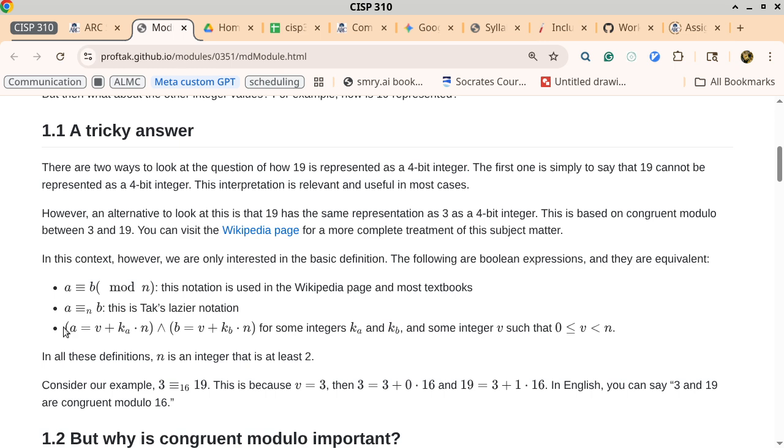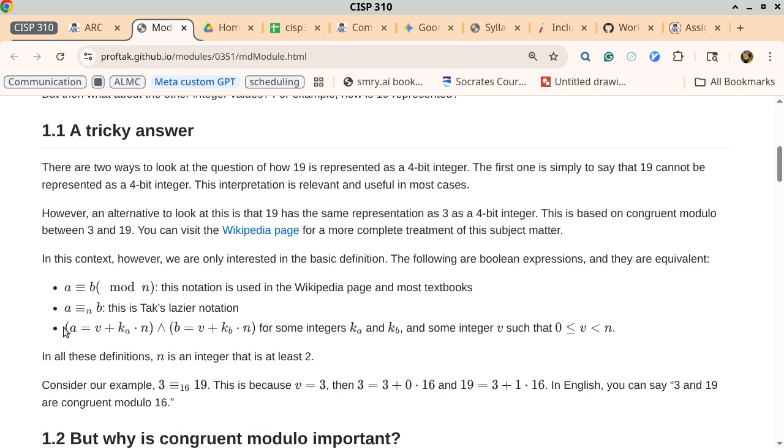Is that okay? So now we set up two equations. We want to see if we can express -3 as some kind of equation, and we'll just say this is V plus Ka times 16 because we are now assuming that n is 16. Okay, so we are trying to determine whether -3 and 13 are congruent modulo 16.